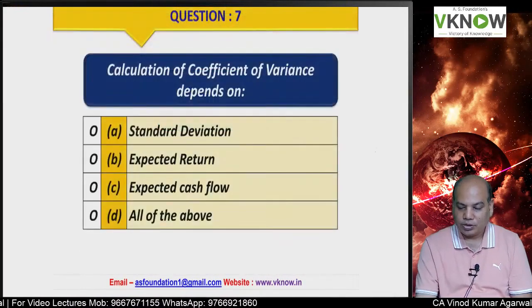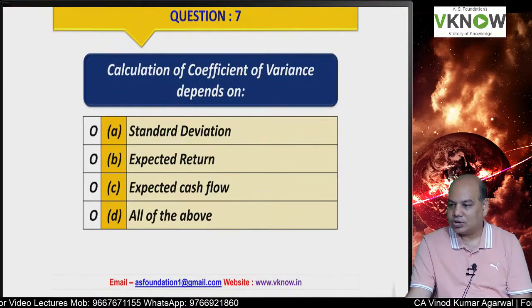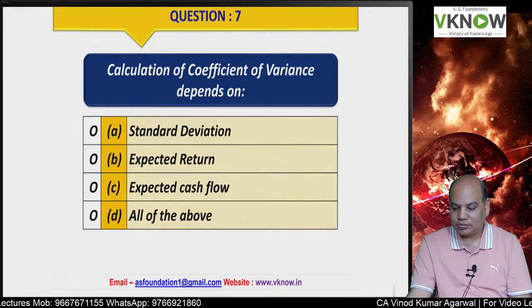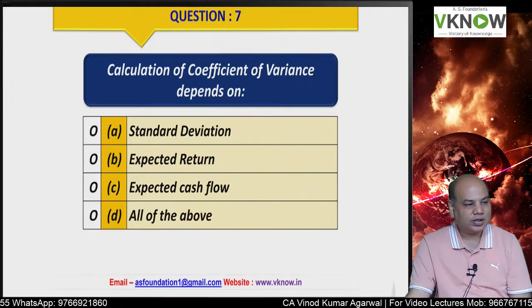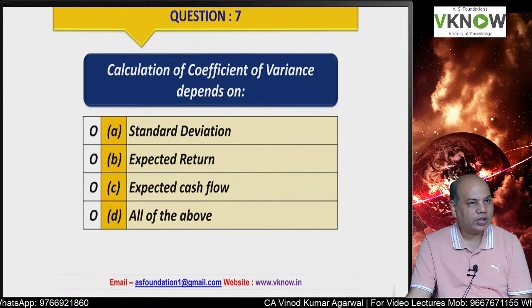It is the extra rate of return expected by the investor for taking extra risk. You are right. Seventh, calculation of coefficient of variation depends on standard deviation, expected return, expected cash flow, all of the above.